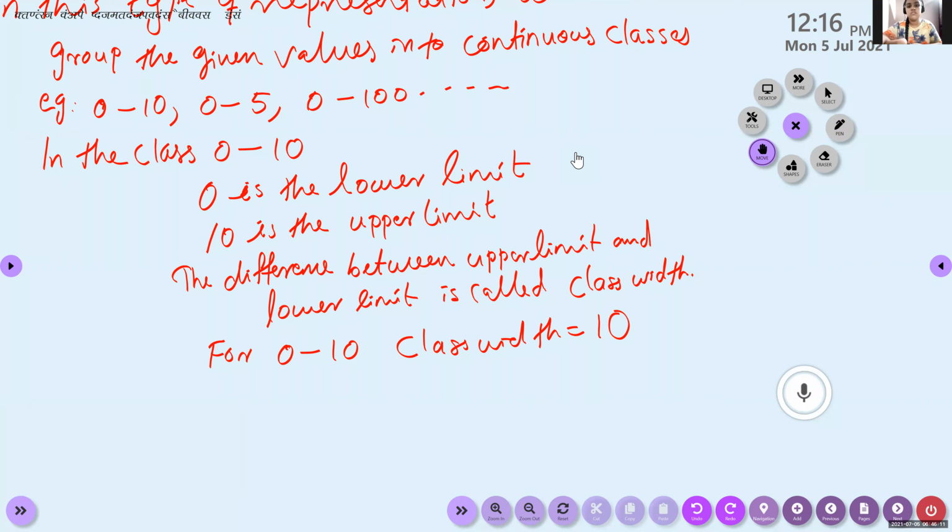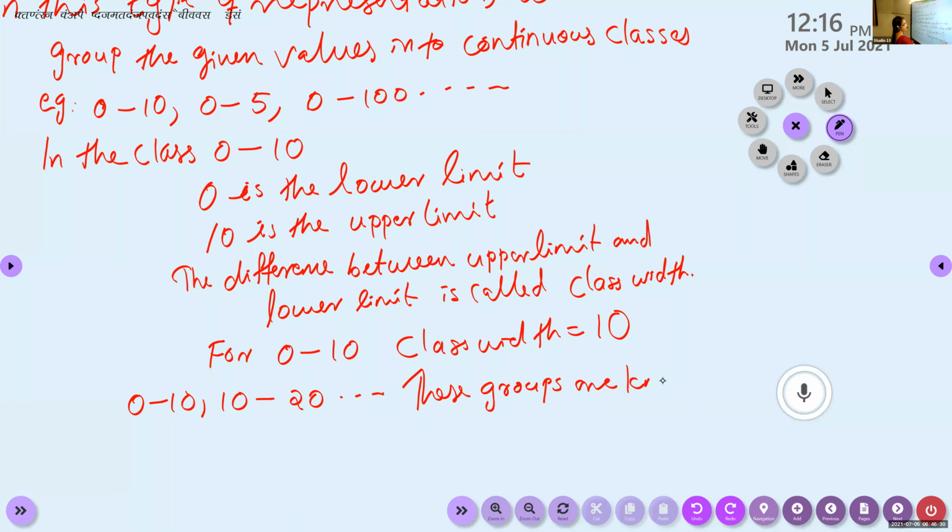The groups 0 to 10, 10 to 20, etc. are known as class intervals.